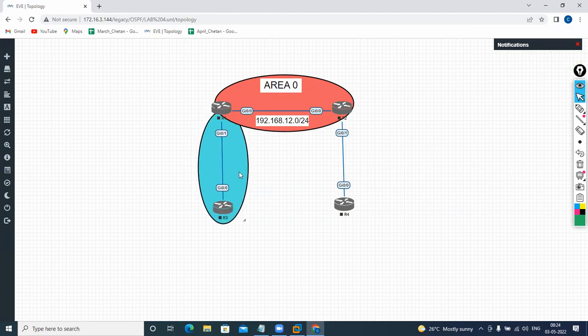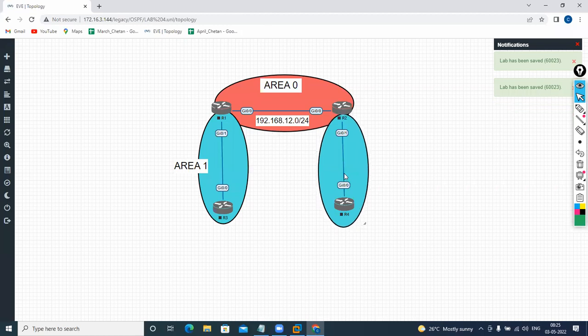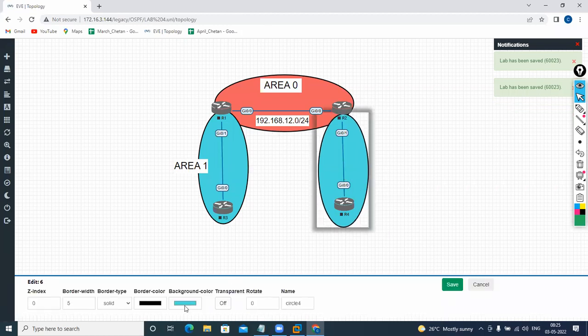R1 and R3 are in area 1. R2 and R4 are in area 2.